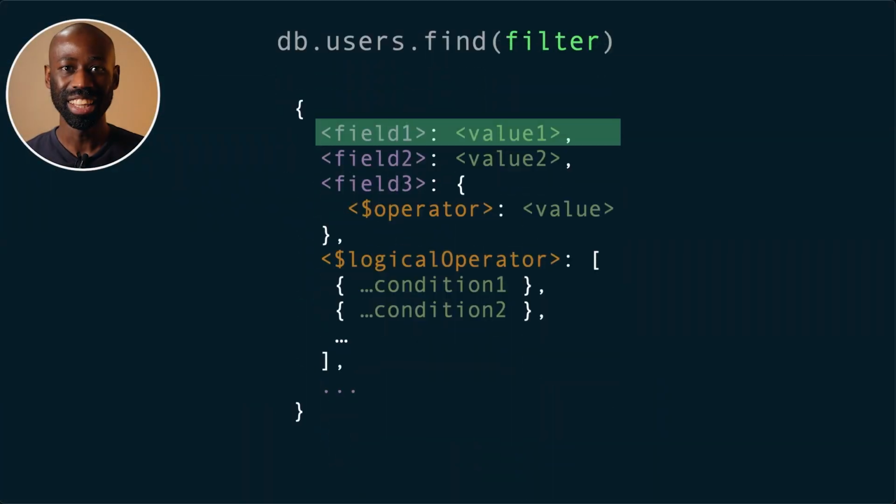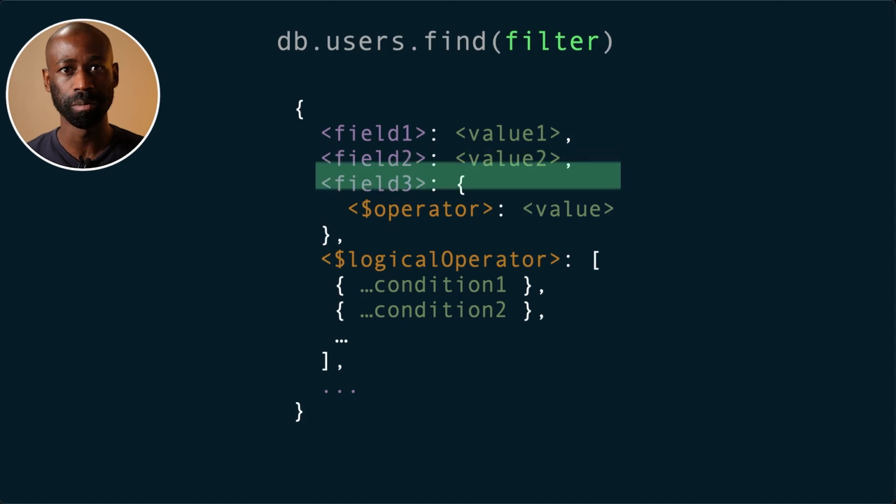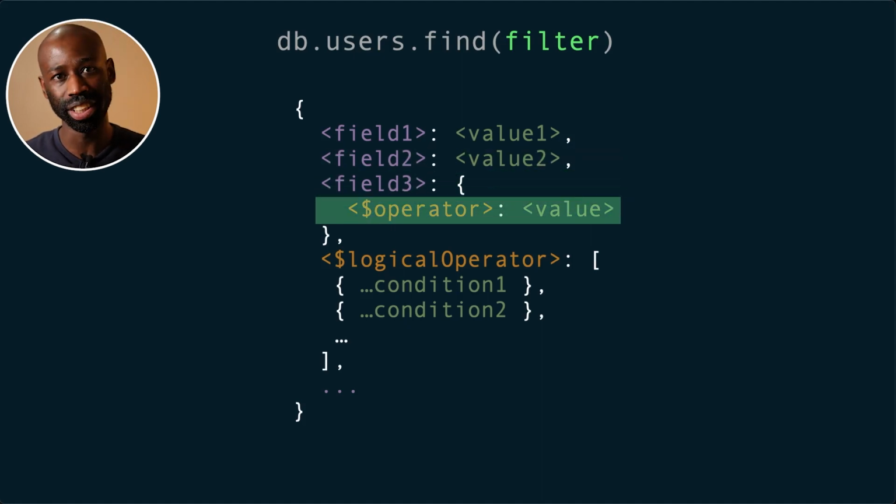So now let's have a look at the filter document in more detail. In the filter document, we have a field value pair, and only the documents that have the same field value pair will be returned. We can define multiple field value pairs to add more conditions. You can also have fields with a condition operator.